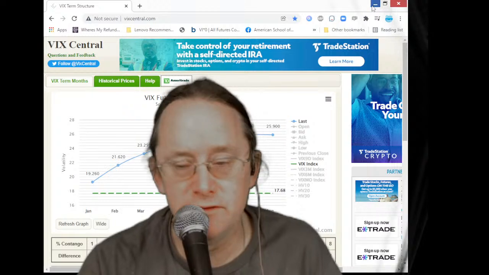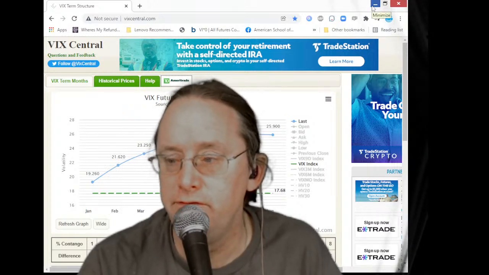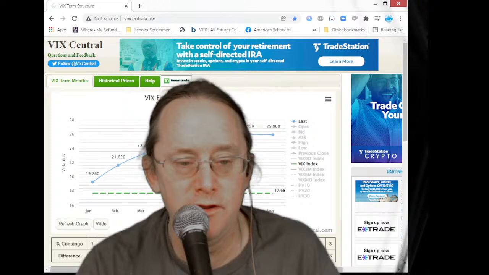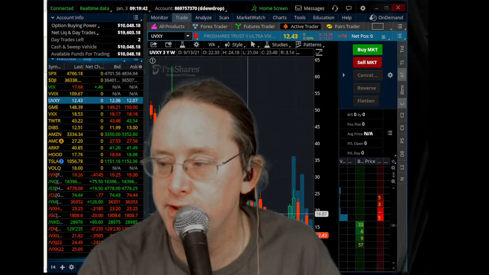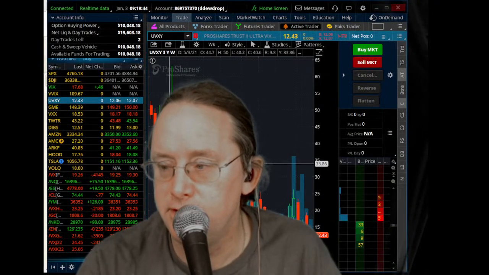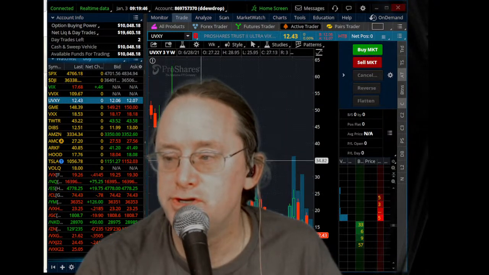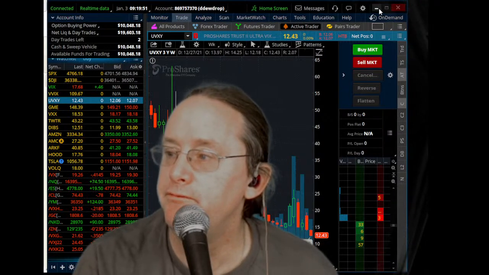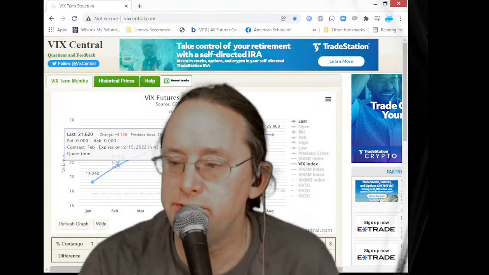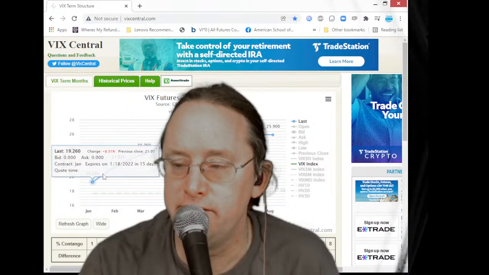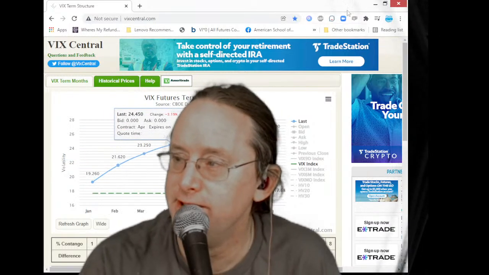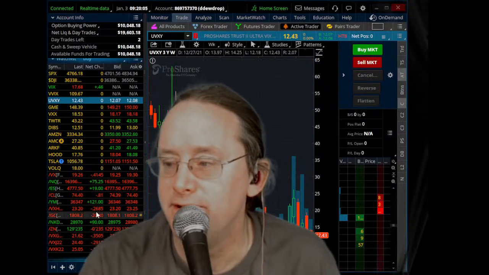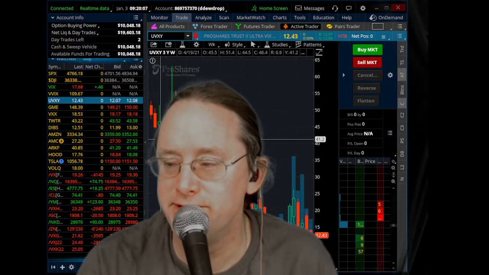So if you wanted to look at support and resistance levels for UVXY, you'd have to take into account this curve, and you'd have to slant this whole chart sideways. If you said, okay, the average contango between these two options makes an angle of 45 degrees, you would have to take this chart and tilt it by 45 degrees to have technical analysis make any sense.